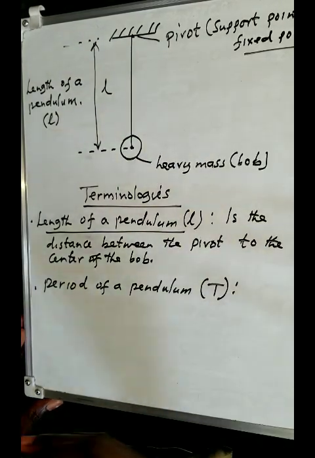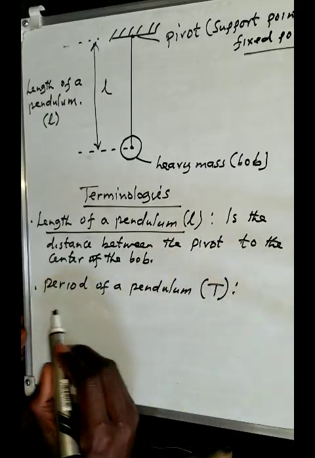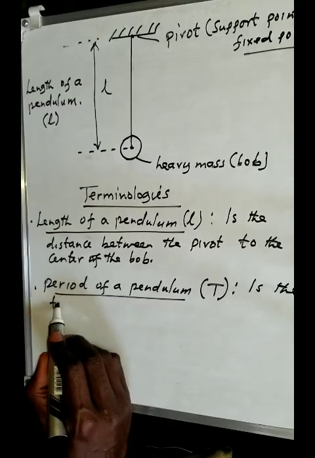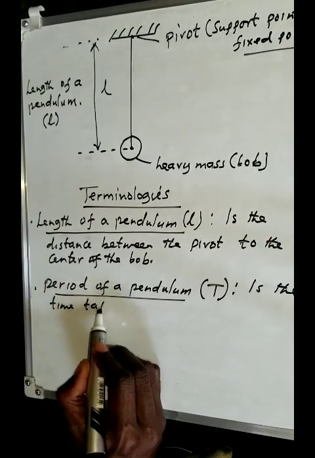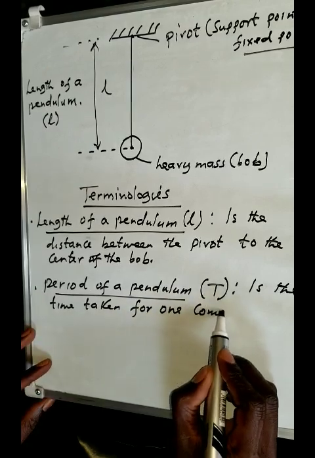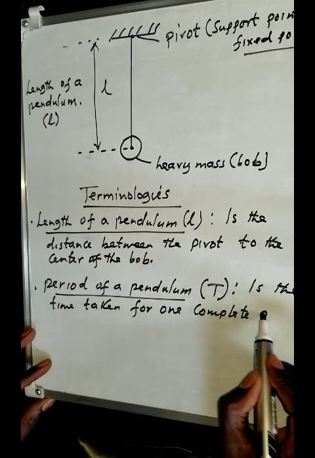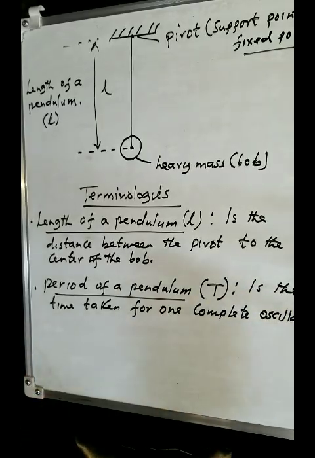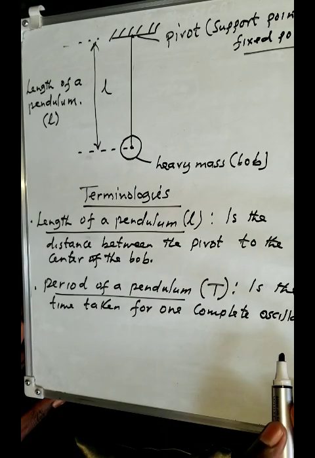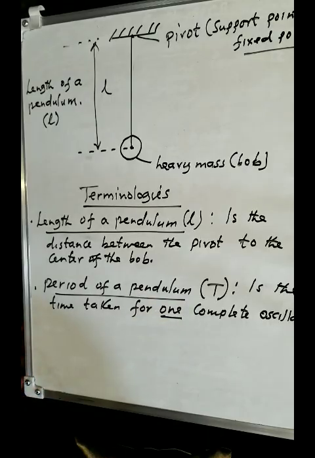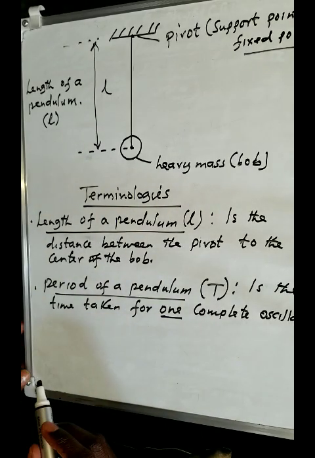In other words, the period of a pendulum is the time taken for one complete oscillation. So you need to remember, just the time taken to make just one complete oscillation is what we call the period of a pendulum.